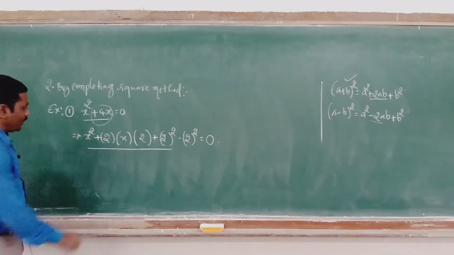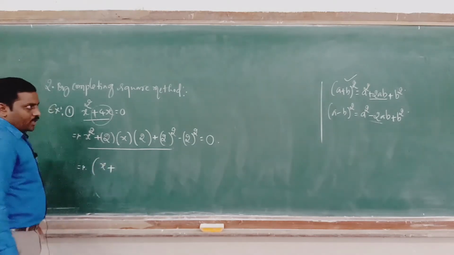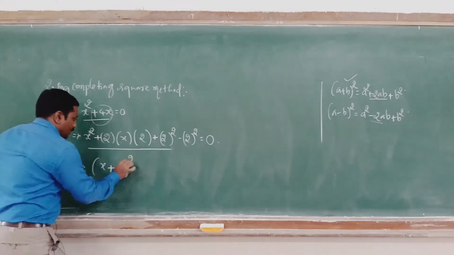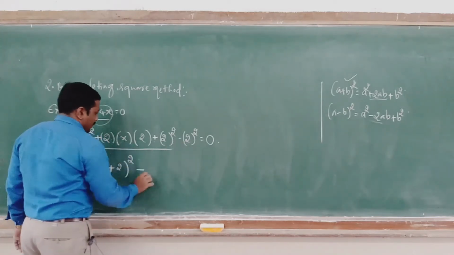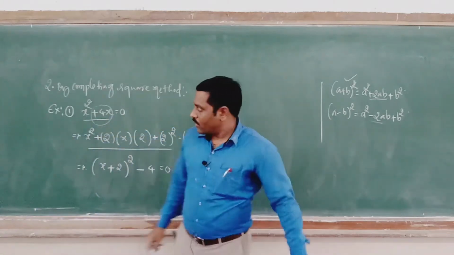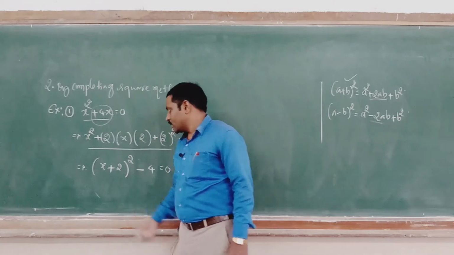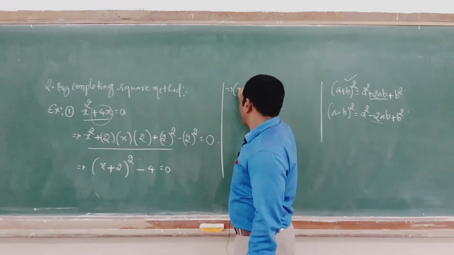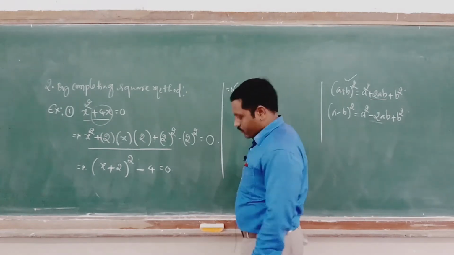In place of a, that is x, keep the plus as it is, and in place of b, that is 2. So (x plus 2) whole square, minus 4, is equal to 0. So this equation is converted by completing the square. Then it implies (x plus 2) whole square is equal to 4.